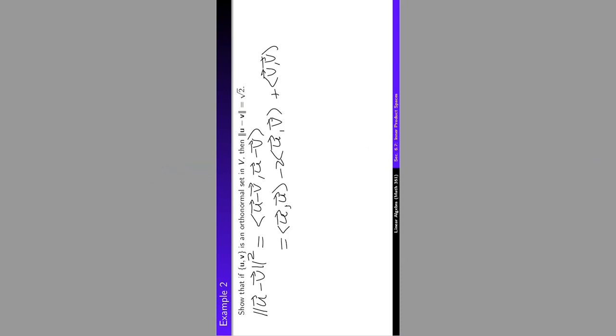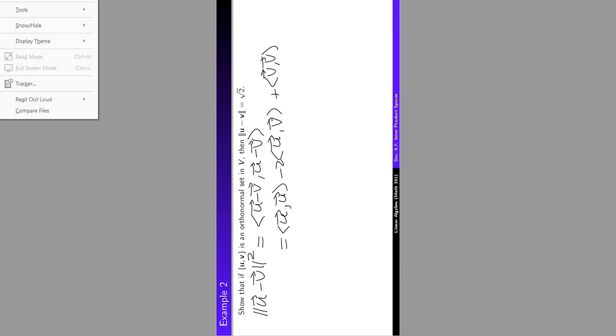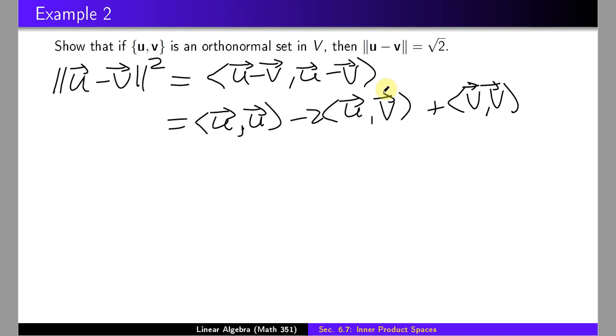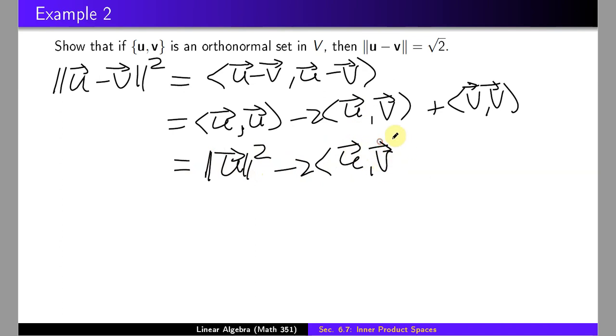If you take the inner product of U with itself, that ends up giving us the norm of U squared. This is still minus 2 times the inner product of U with V, since we don't know what this inner product is. And this is the norm of V squared.